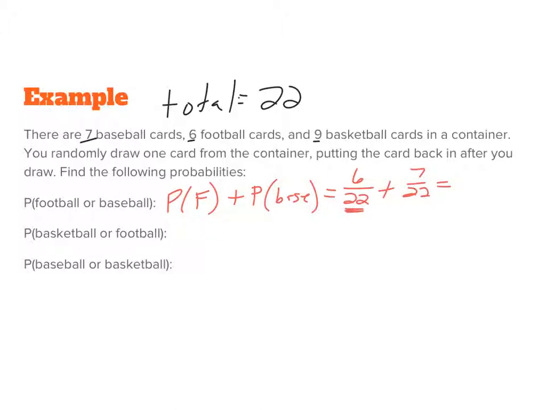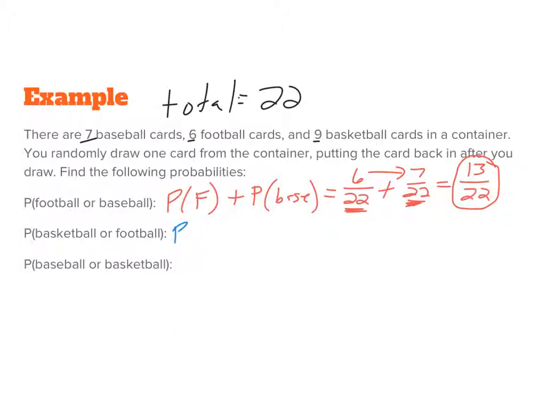Again, the goal is to have the denominators the same, which they are because I didn't simplify them down. So I keep that 22 as my denominator. Adding 6 and 7 together, I get 13. 13 over 22 does not simplify, so the probability of football or baseball is 13 over 22.